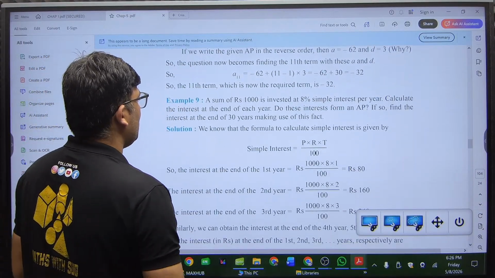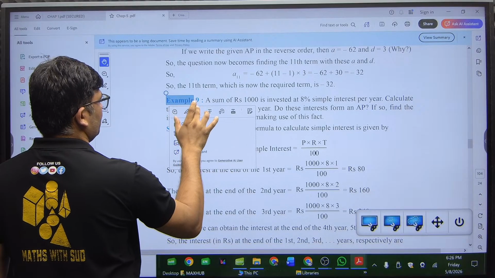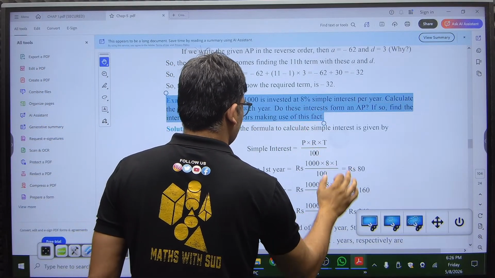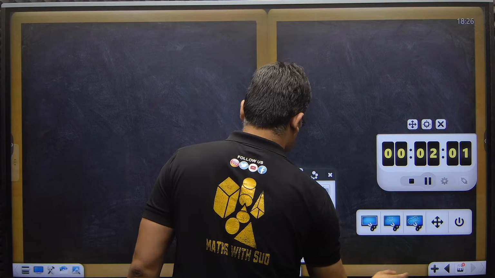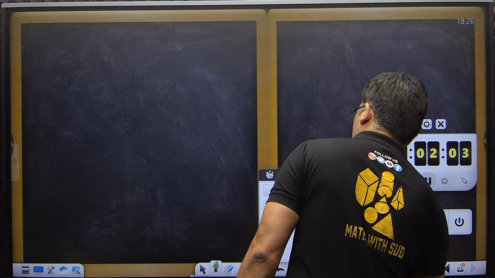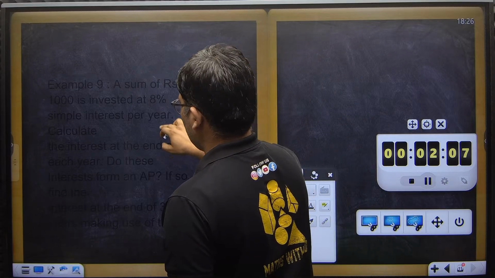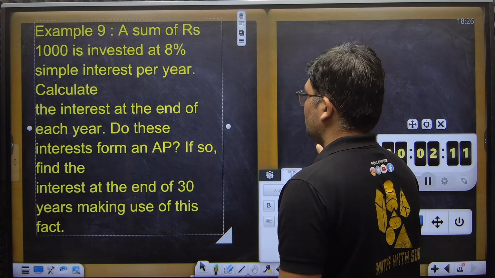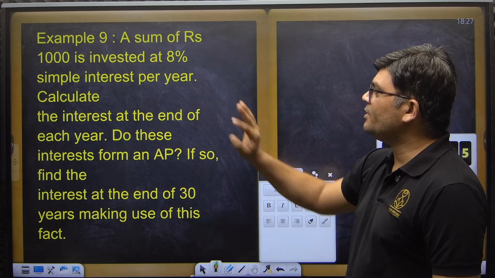Okay, now example 9. A sum of rupees 1000 is invested.